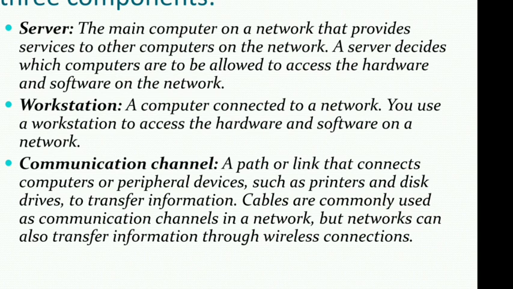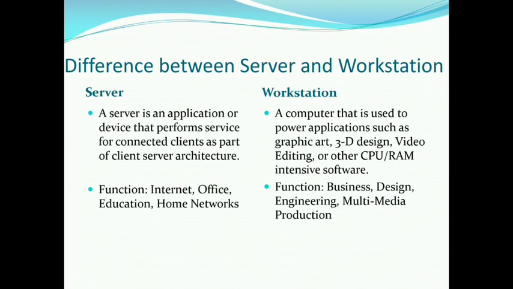The way your computer systems are connected with each other, that path is known as the communication channel. If they are connected with wires, then the communication channel is wired media. If your systems are connected wirelessly, not with wires, then the communication channel is wireless media. Fine. Now I'll move to the next slide.